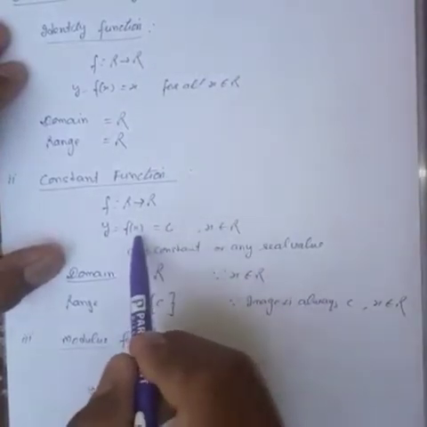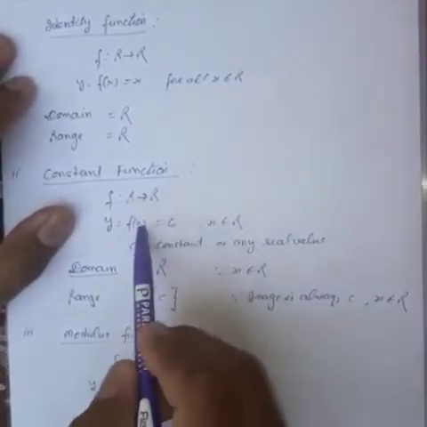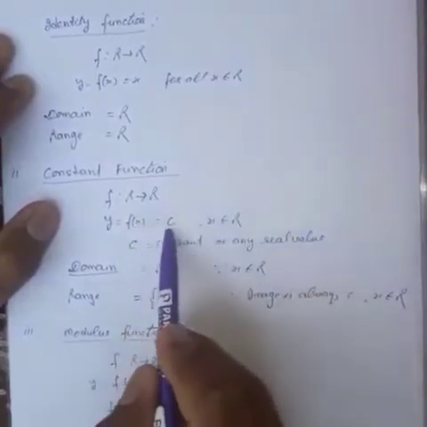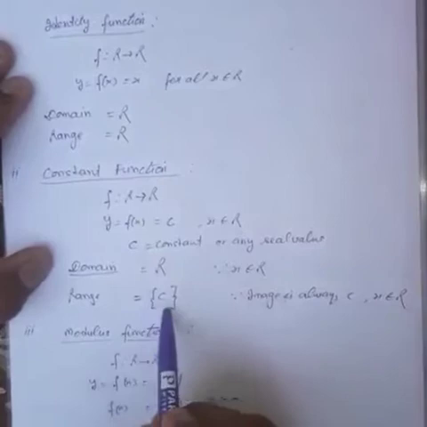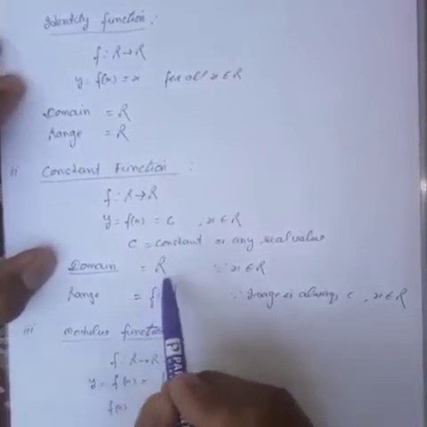We can select any x, but the image will be c always. So the domain is the set of real numbers, because x belongs to R, but the image is always c. Therefore the range is the set containing one element, c. So this is the range and this is the domain.